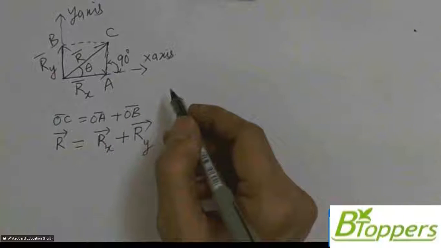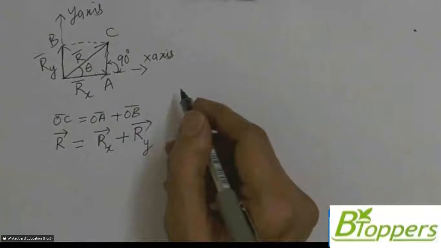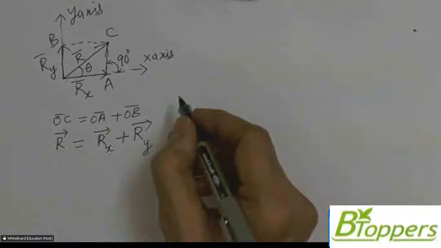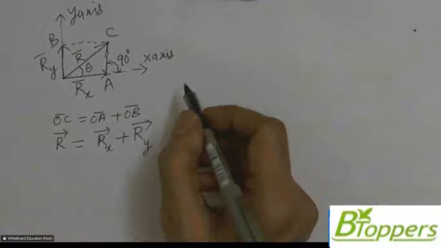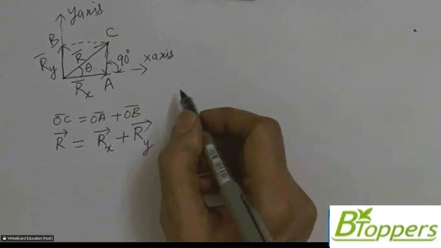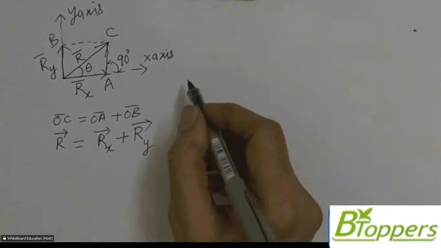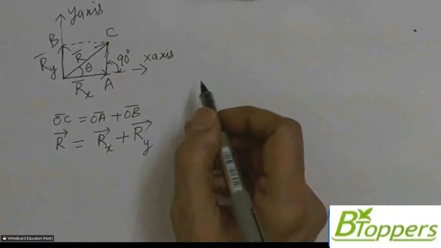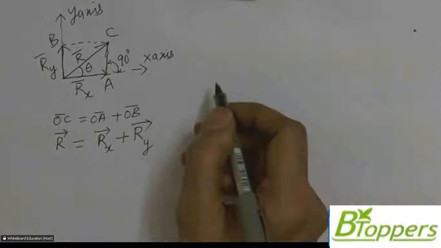As I discussed earlier about the term unit vector, a vector having unit magnitude is called a unit vector. As I discussed previously, any vector can be expressed as the product of its magnitude and the unit vector in the same direction.